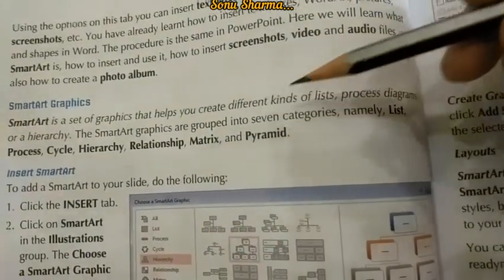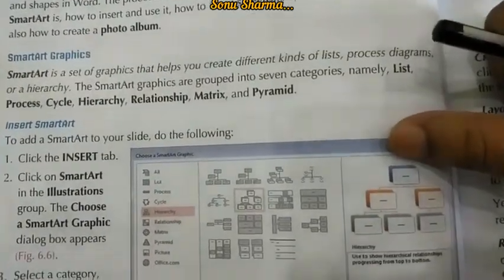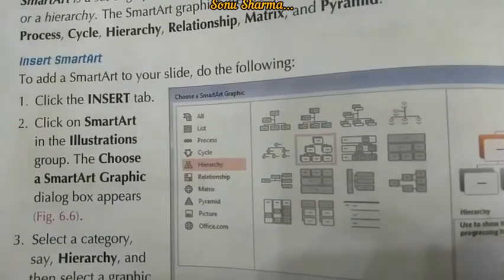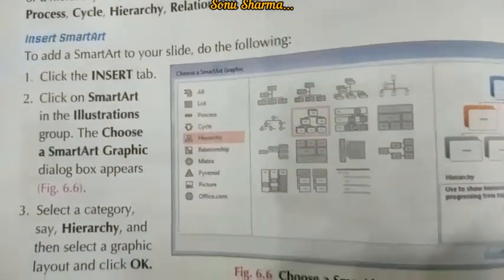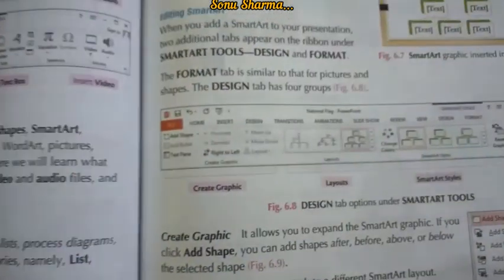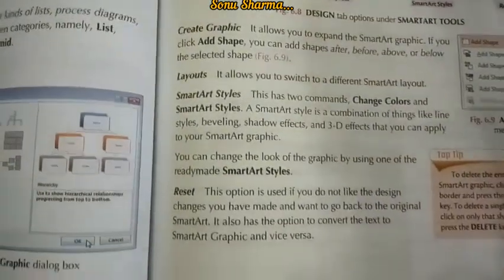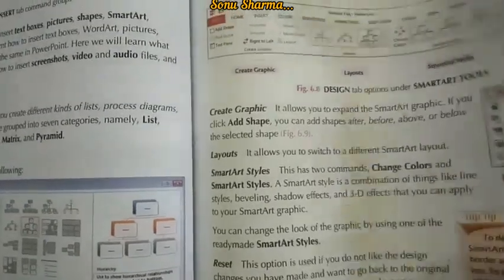It is a set of graphics that helps you create different kinds of lists, process diagrams and hierarchy. These are used to make a list of anything. Then editing smart art. All these things you just read once, and I'll show you on the computer now.